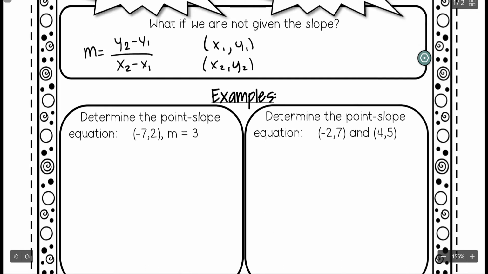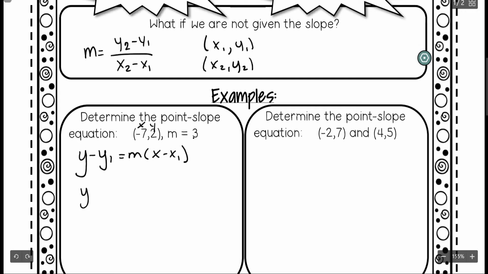So, in this first example, slope is given to us. I want you to make sure that you write the equation out every time so that you know it, because you will need to know it for your test and your final. y minus y1 is equal to m parentheses x minus x1. Well, we know slope is 3. We know our x is -7 and our y is 2.